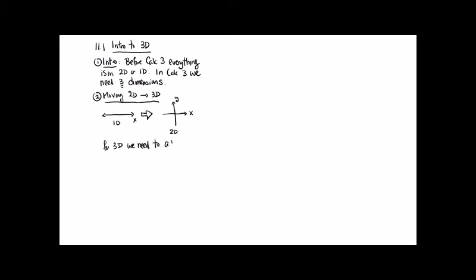All right. It needs to be perpendicular to the other 2. So we need to add an axis which is perpendicular to the other 2. It's tempting to say, let's just go straight up.